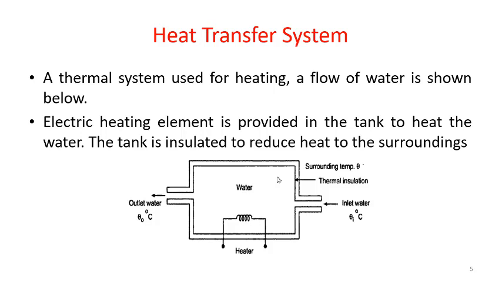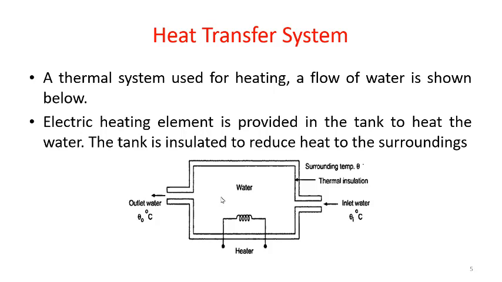So an electric element is provided in the tank to heat the water, and the water which is coming in will be cold water, and the water which is going out will be hot or warm water. This type of application we see mainly in boilers, in water geysers, or in industrial plants where we require the water to be heated.